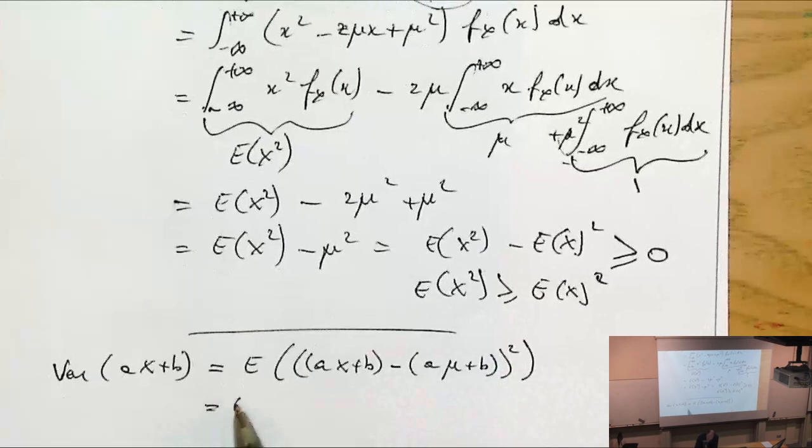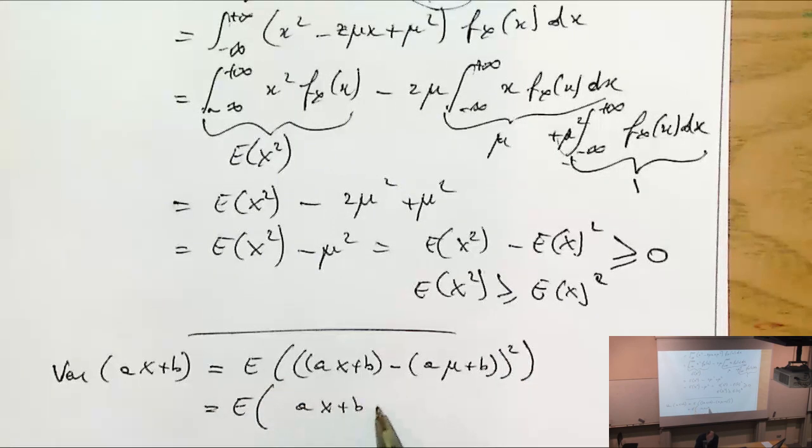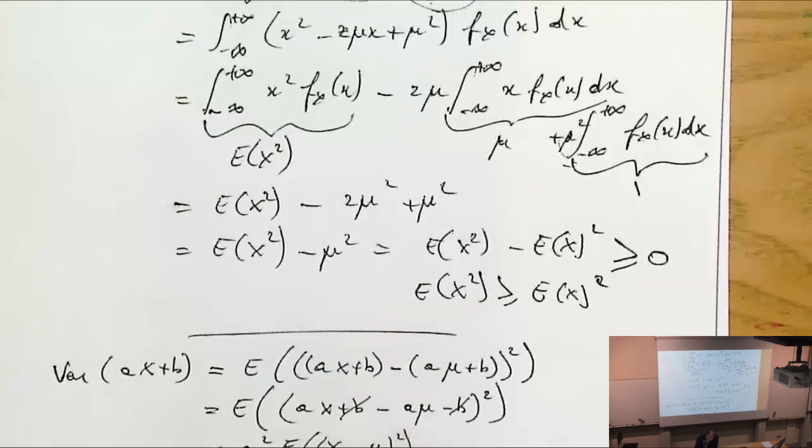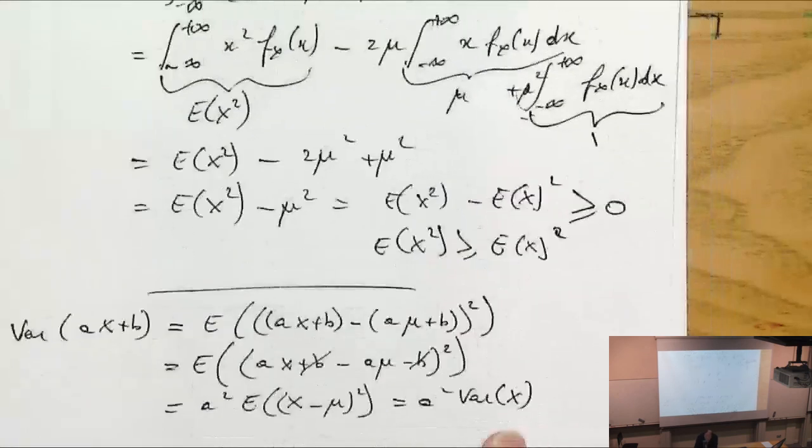Right, so this is expectation of ax plus b minus a mu minus b, squared. The b cancels, and I get a squared expectation of x minus mu squared. This is a squared variance of x.